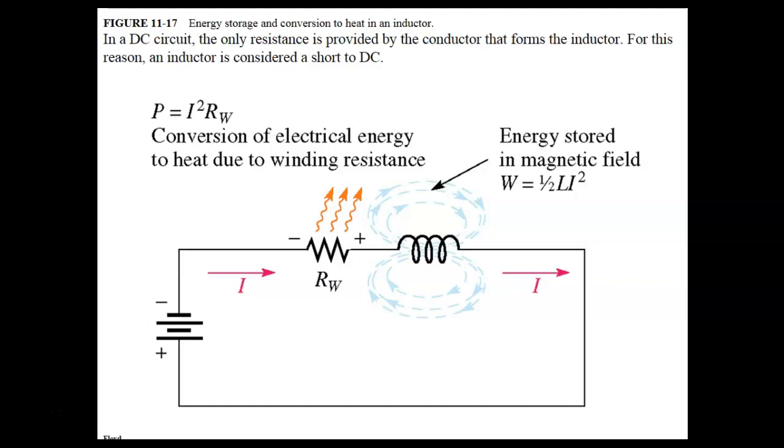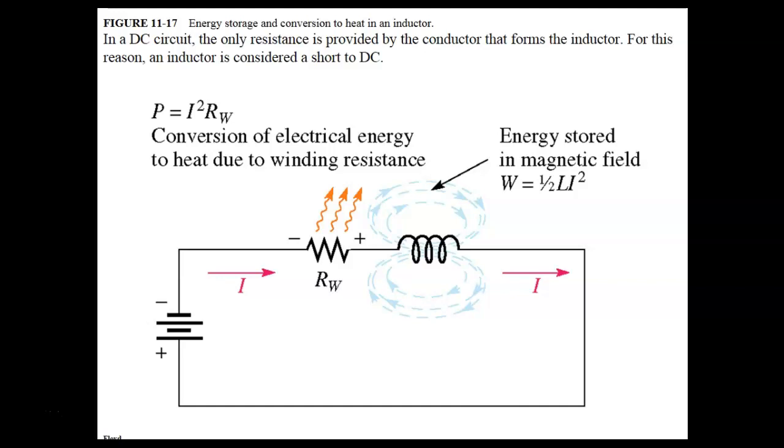We do put inductors in, but we protect them with a resistor. This guy's got 604 ohms of resistance, so you can't say it's a short, because look at the amount of wire and the gauge of the wire. But if you put a lot of voltage across it, it would definitely burn the wire off right here.